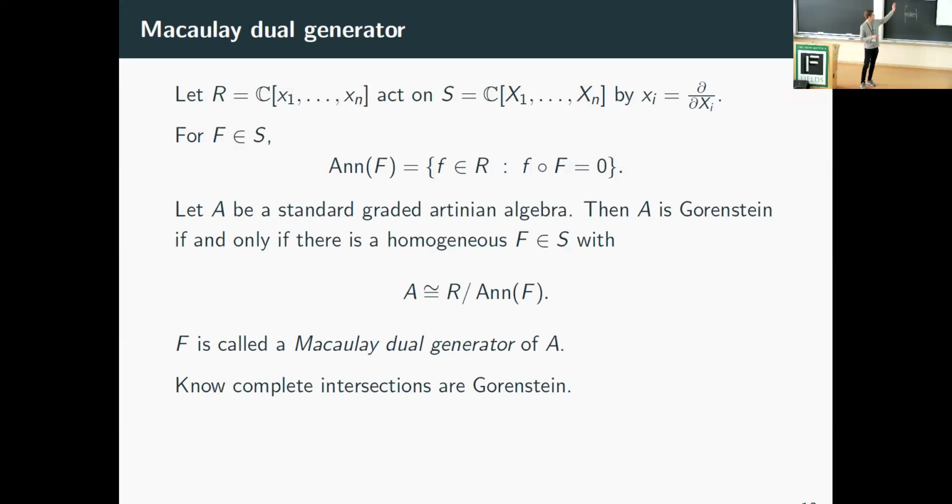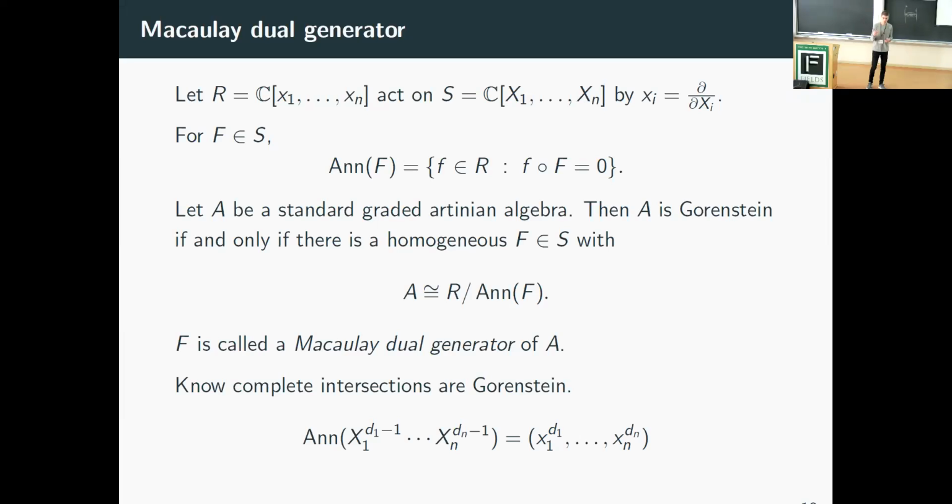We have the annihilator. We let R in the small variables act on the big variables this time. And we know complete intersections are Gorenstein, so we know that there are some Macaulay dual generators for us to find. And moreover, in the monomial complete intersection case, we can determine this very explicitly.